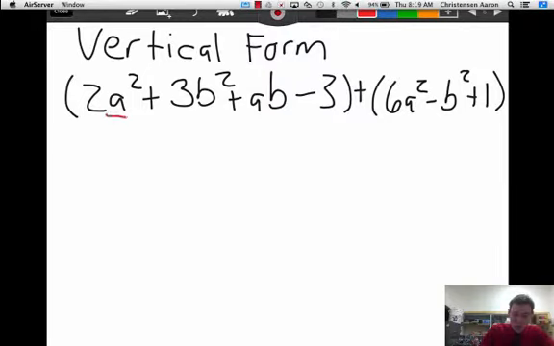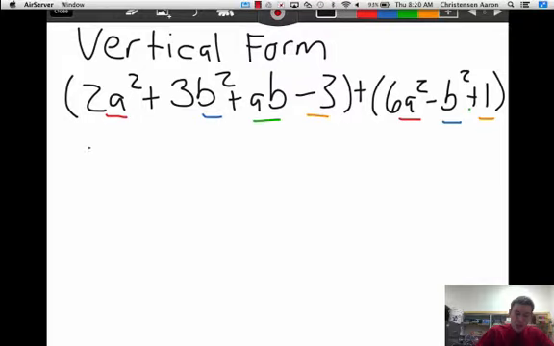So we look and we see a squared and a squared, those are like terms. B squared, those are like terms. We have an ab here, we have no ab over here. So that's going to stand by itself. And then we have minus 3 and plus 1. Those are like terms. Right?